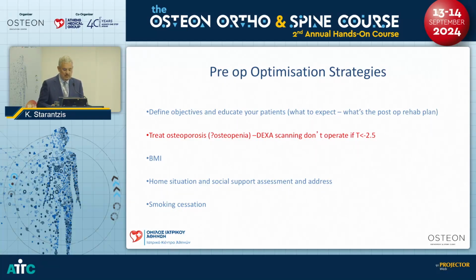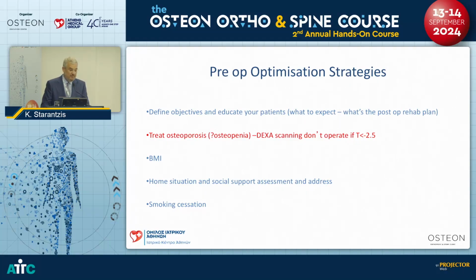So a DEXA scan worse than -3 for me is a no-go. 2.5 to 3 depends on the age and on the deformity. But I tend to give teriparatide and treat the patient preoperatively and 6 months postoperatively.